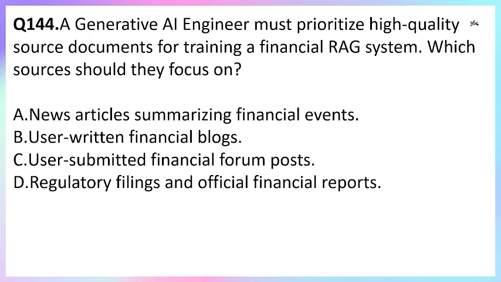And option C, user-submitted forum posts: very unreliable and prone to misinformation. Whereas option D, regulatory filings and official financial reports: these are authoritative and audited, the gold standard of financial data. So the correct option is option D.